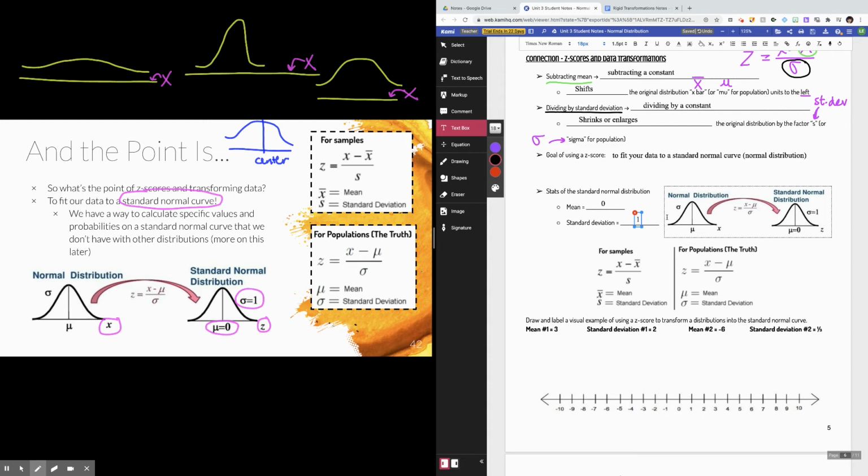You have this equation for samples, and then you have this equation for populations. Remember, this class is called statistics, and the reason it is called statistics is because of parameters. These fancy Greek letters are technically called parameters.